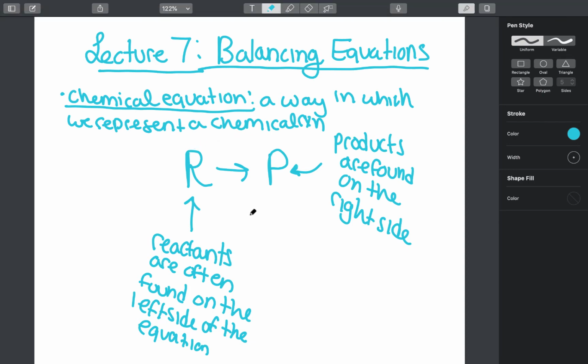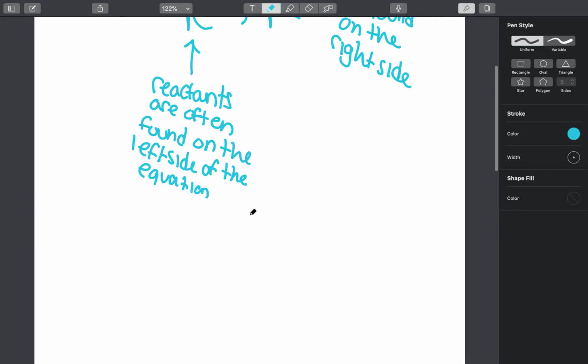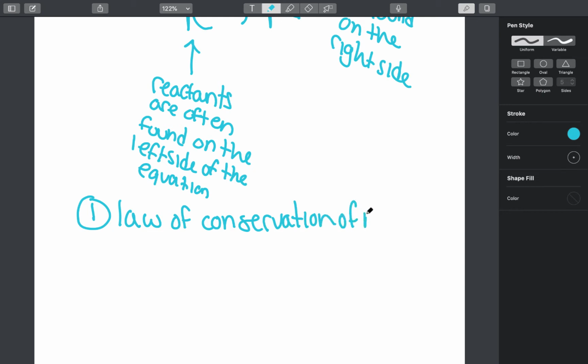And there's only 2 laws that you need to know for balancing equations. The first is called the law of conservation of mass, the law of conservation of mass.